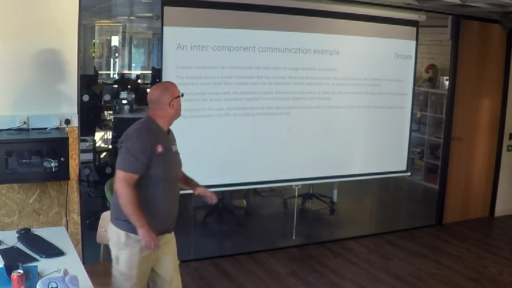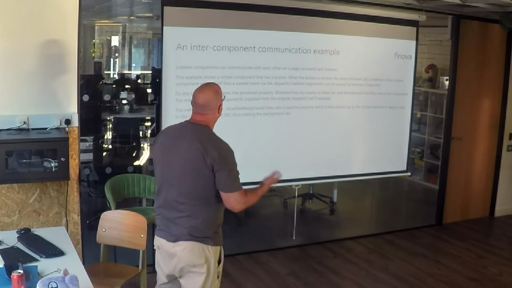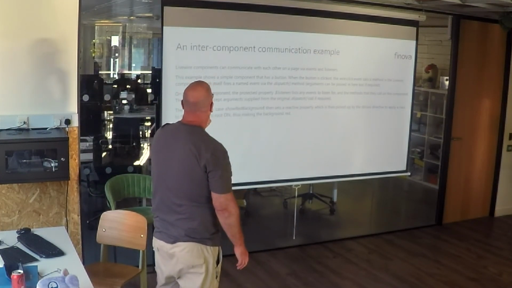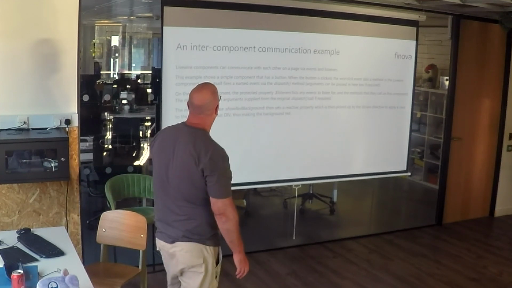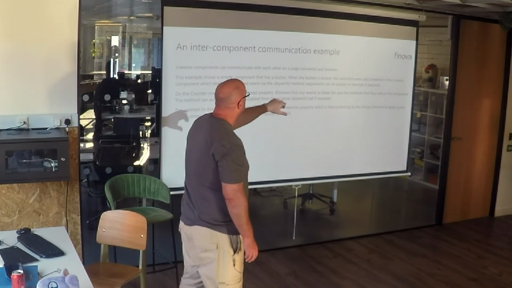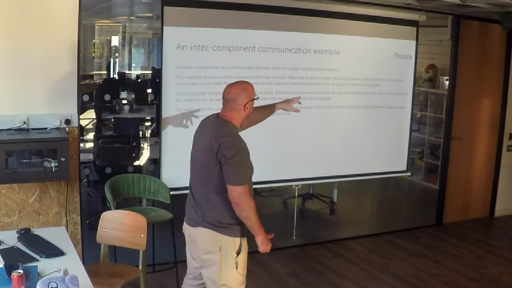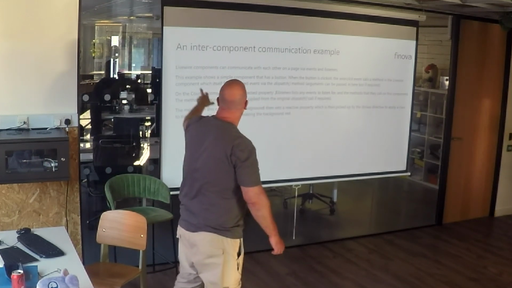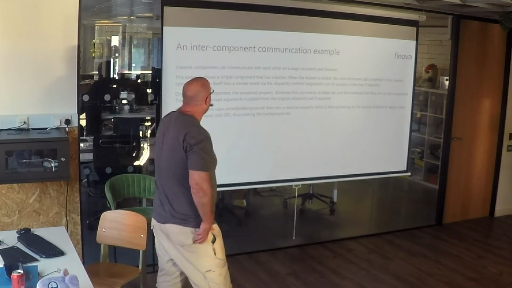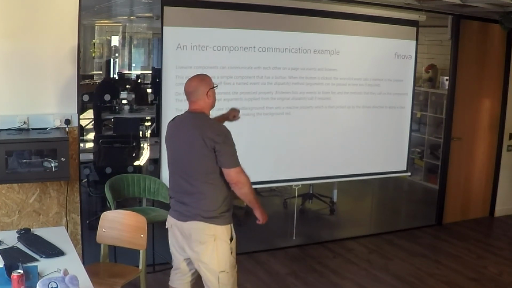Okay, inter-component communication. So the components can communicate with each other on a page via events and listeners. So the next one you're going to see is going to have a simple component that just has a button on it. When that button is clicked, the wire click event, remember we know now that when we've got buttons, we've got a click event, that will call a method in the component, which will then fire an event, and then something else will listen for that event.